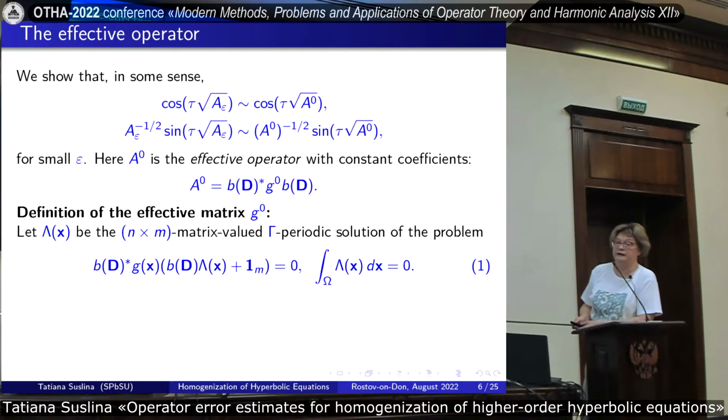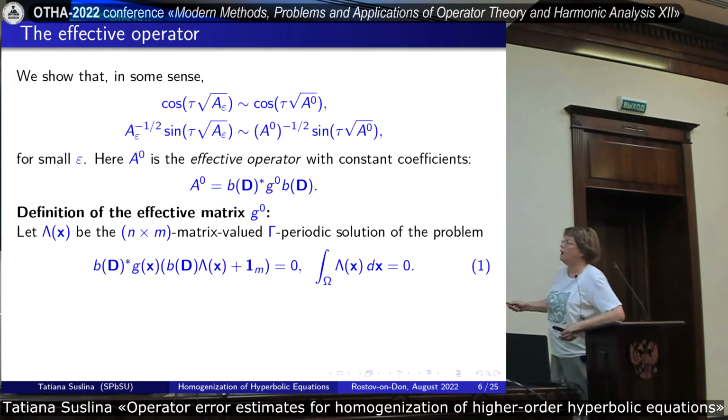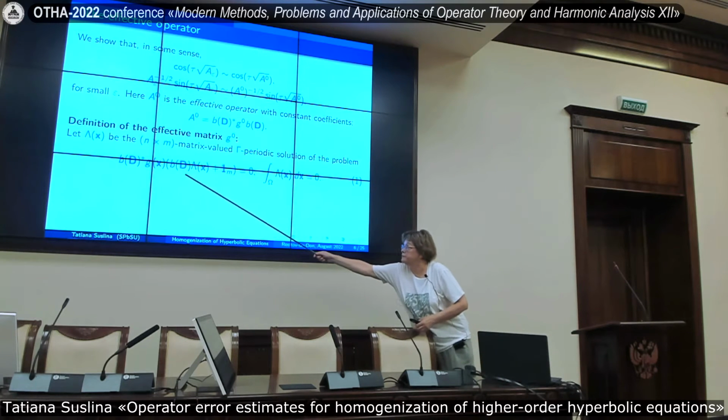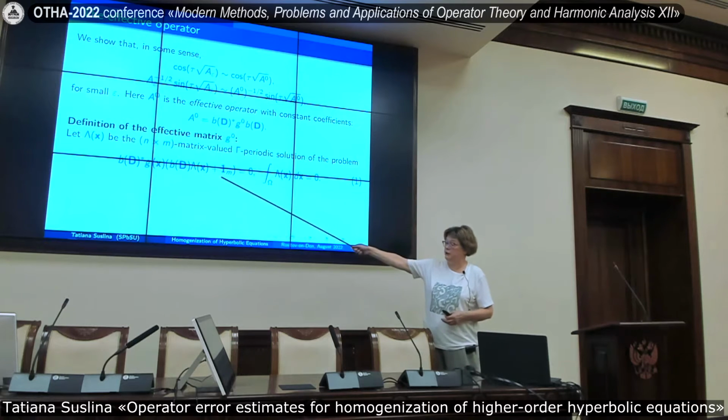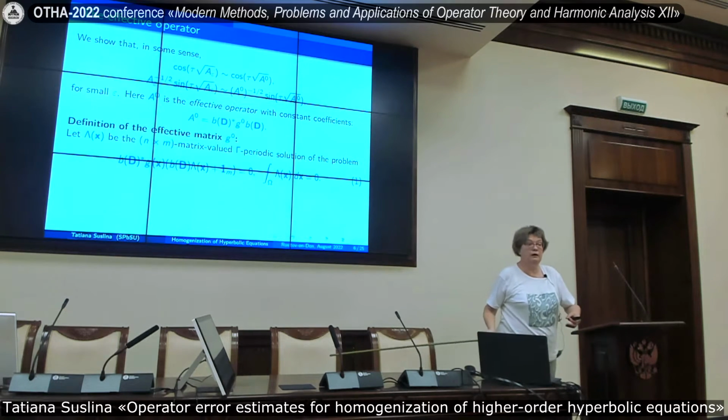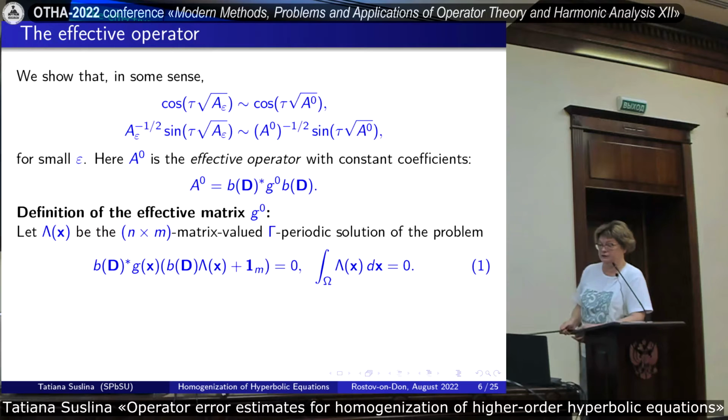To define the effective matrix, we first consider the auxiliary boundary value problem, which is called the cell problem. Let lambda of x be the matrix valued gamma periodic solution of this equation. So we consider this elliptic equation on the cell omega with periodic boundary conditions.